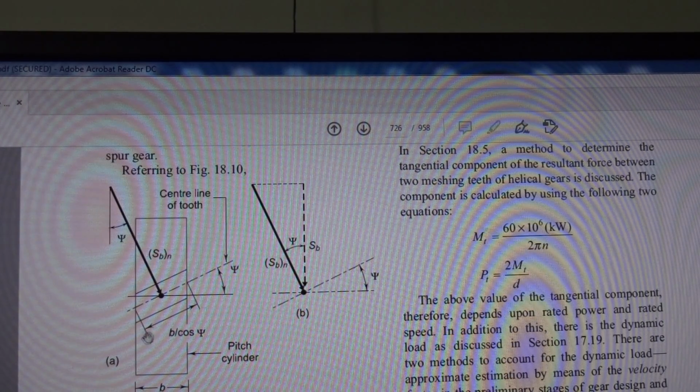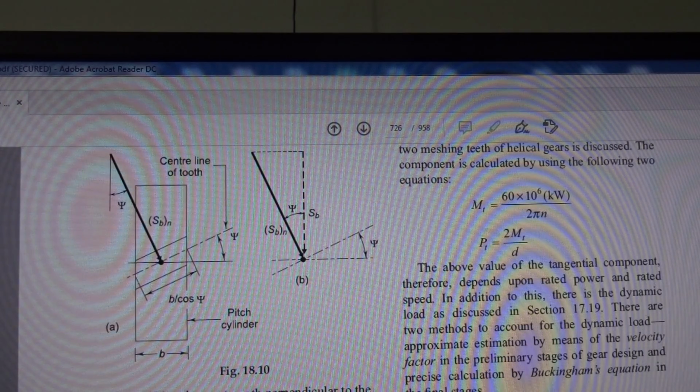This is the B, so this becomes B by cos psi, where psi is the helix angle. So SBN acts in this direction, and SB acts in this direction. So it is shown here. Now this is the psi.